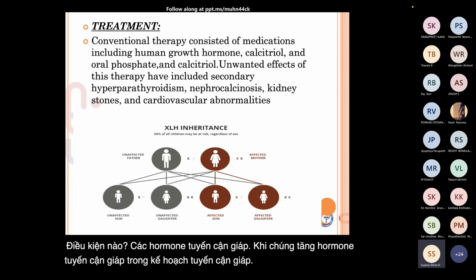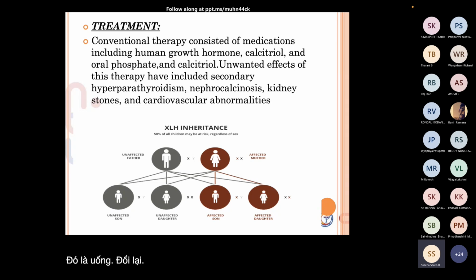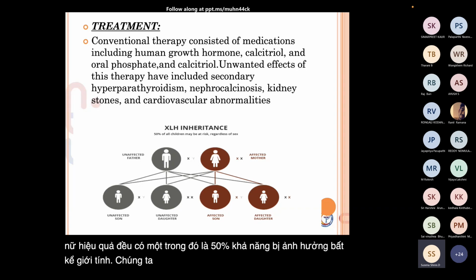X-linked inheritance. As this is an X-linked dominant trait, both the daughters and sons of an affected female have a 1 in 2, that is 50%, chance of being affected regardless of sex. We can see a clear genetic picture below.